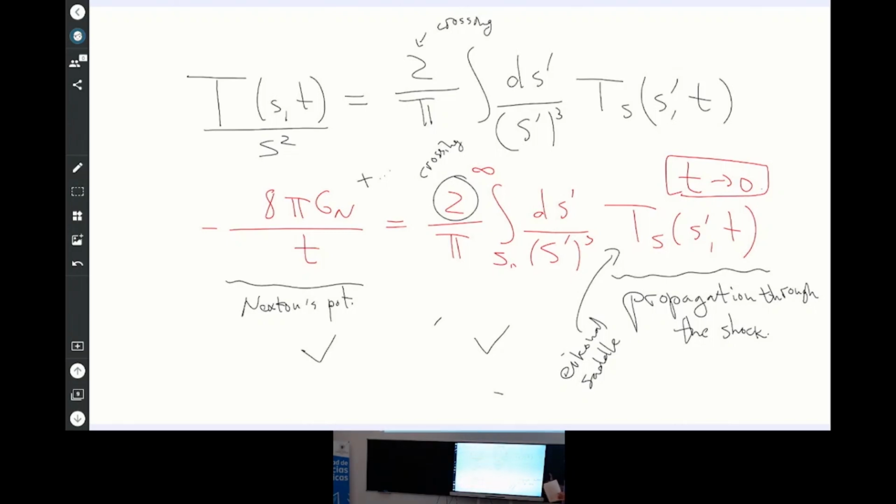Maybe someone knows a quick way of why these two are related, but I only know how to check it by doing the computation. Because a priori, you have the sine square, this very high energy process, you have this pole, and it's consistent.